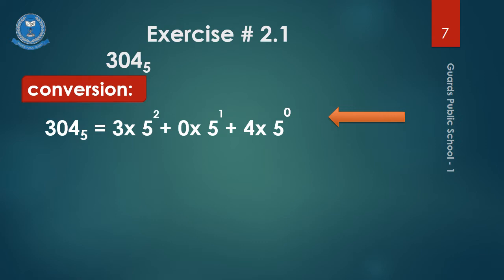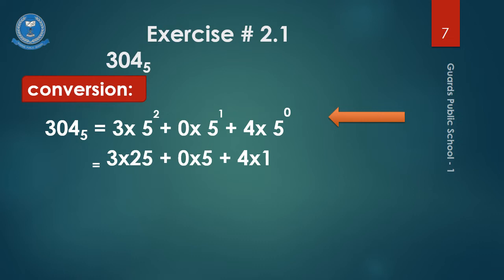So our next step will be 3 multiplied by 5 raised to power 2, which means 25, plus 0 multiplied by 5 raised to power 1, which means 5, plus 4 multiplied by 5 raised to power 0, which means 4 multiplied by 1. Now we will multiply in the next step.